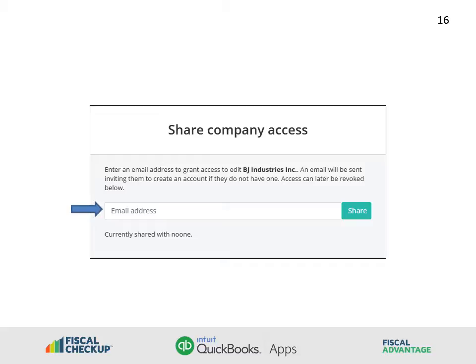This is important for businesses that want to grant access to their accountants and for trusted business advisors that want company personnel to help input data, such as answering the subjective questions that we'll cover later in this presentation. Once you enter their email address and click on Share, they will be notified of the access and informed how to finish setting up their account.